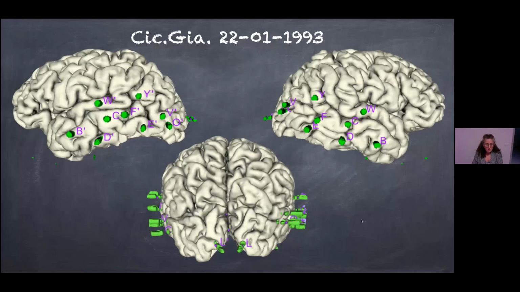This is the exploration that we performed, bilateral and almost symmetrical, with 2 electrodes that go from the more posterior part all along the ventricle, trying to reach the nodular heterotopia all along the ventricle.